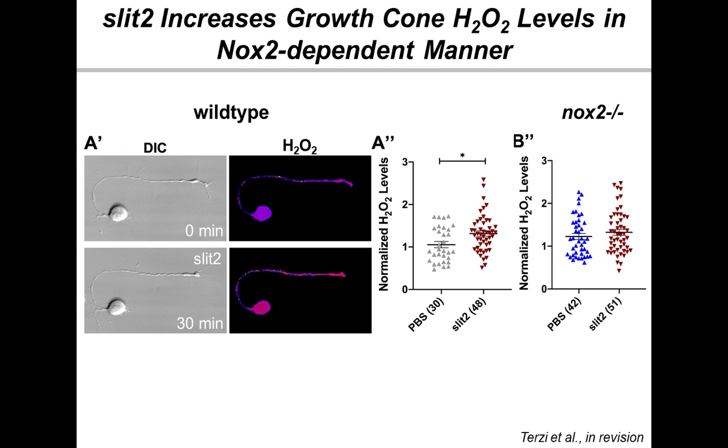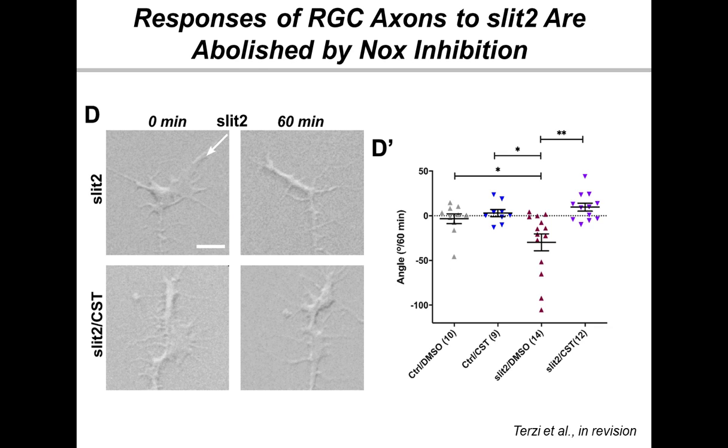SLIT2 treatment not only halts the growth cone, it also increases growth cone hydrogen peroxide levels, as indicated here in the graph in double prime. So ROS levels are increased. However, in the Nox2 mutant, this doesn't occur. So SLIT2 increases hydrogen peroxide levels in a Nox2-dependent manner, and SLIT2 also halts the growth cone.